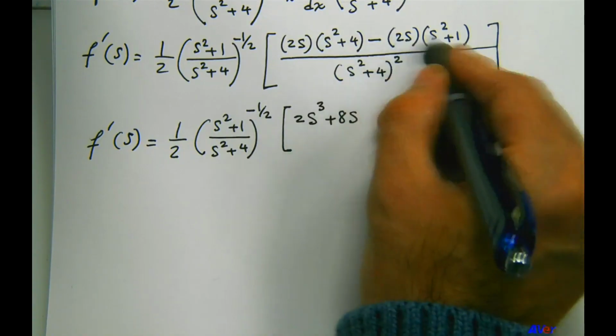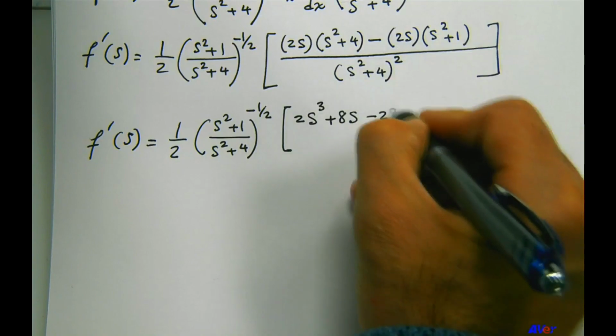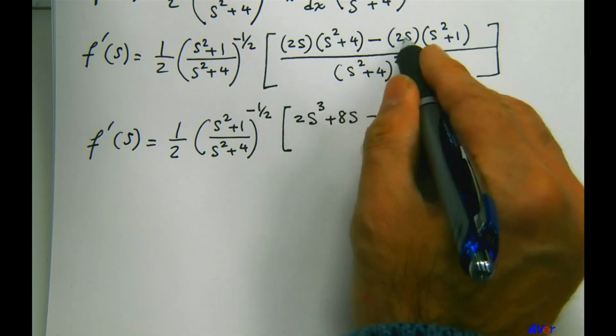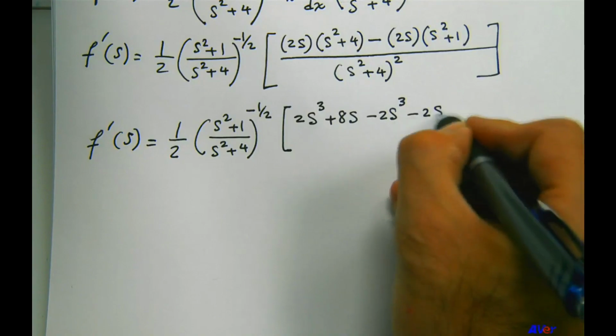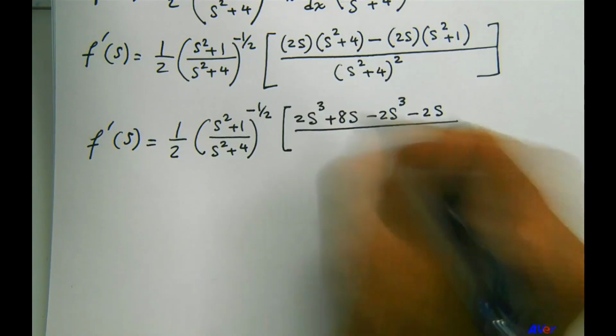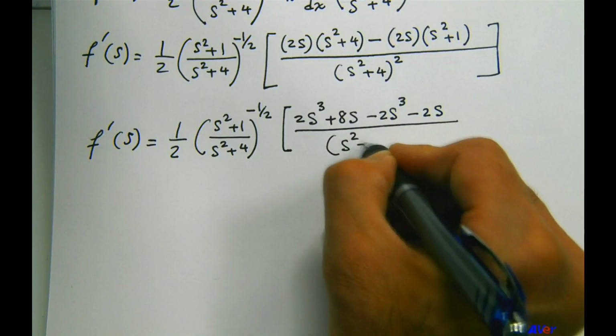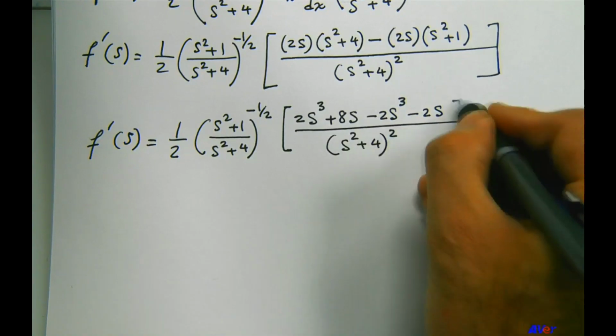Minus 2s times s squared is minus 2s cubed. Minus 2s times 1 is minus 2s. All of that divided by s squared plus 4 squared.